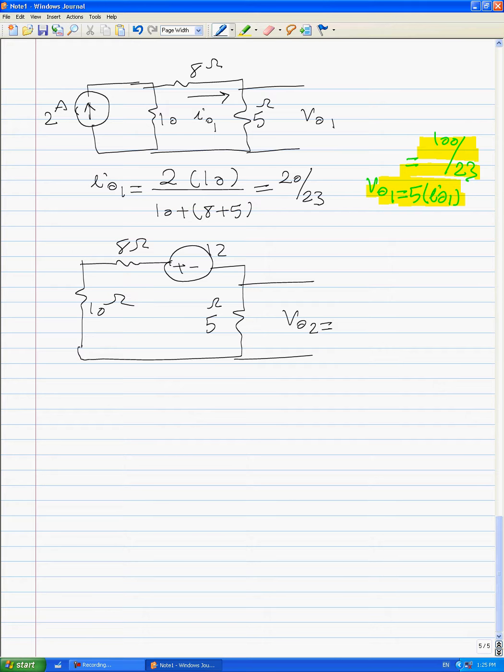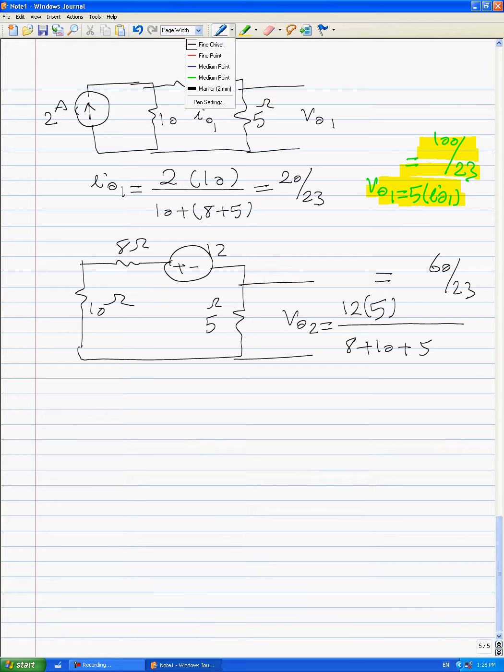Immediately you can use the voltage divider rule. The voltage divider rule says we have 12 here, the total voltage, divided by 8 plus 10 plus 5, and times 5. That's why V out 2 is equal to 60 over 23.